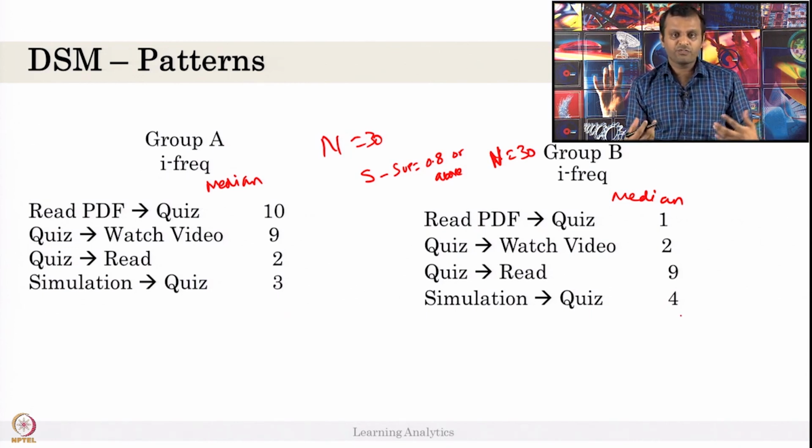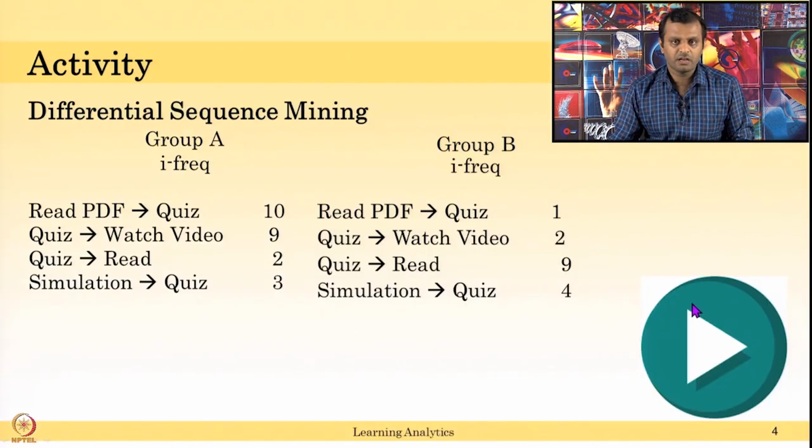Can you identify the difference in behavior between these two groups? It is obvious that this group had more read to quiz. Can you identify the other differences in these groups? That is the activity. You can talk about which patterns occurred more frequently in group A, which patterns occurred more frequently in group B, and which patterns occurred similarly in both groups.